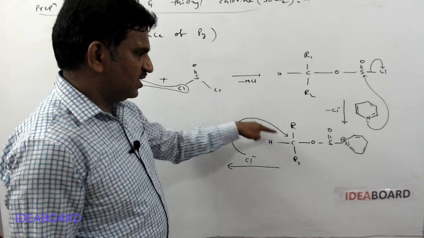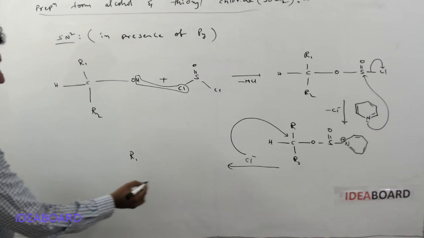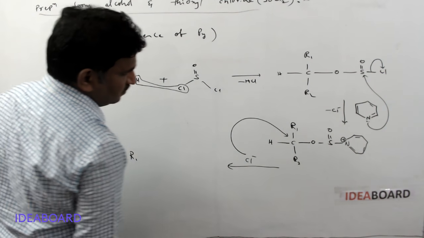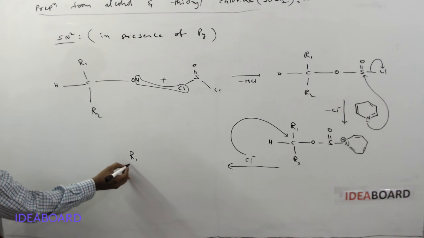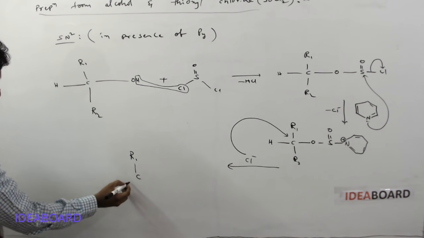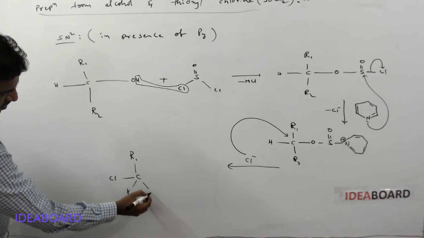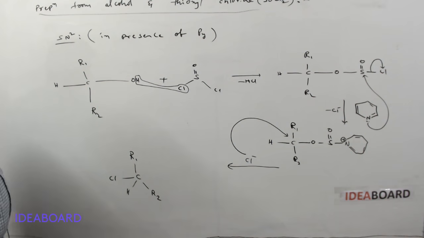So what is formed is R1, C, with Cl here, and H, and R2.